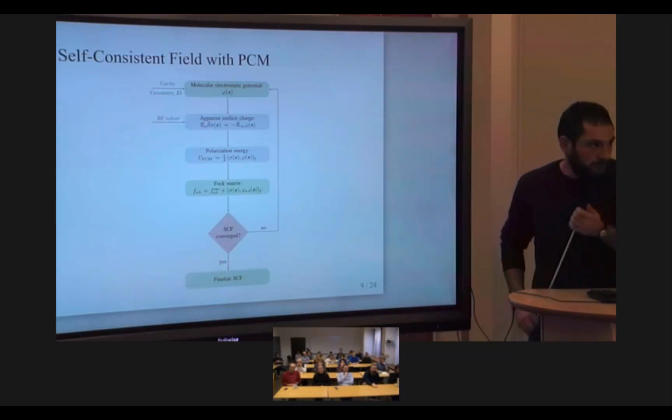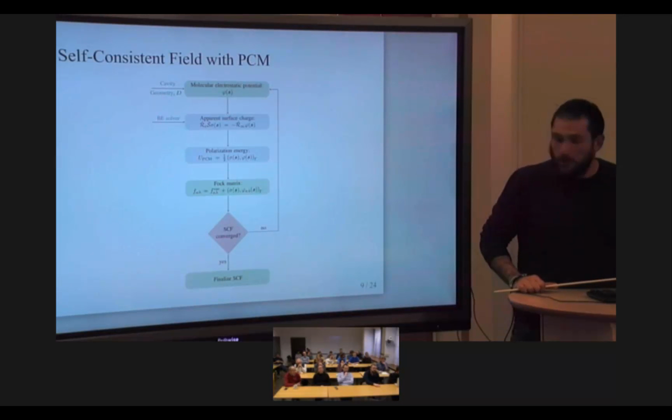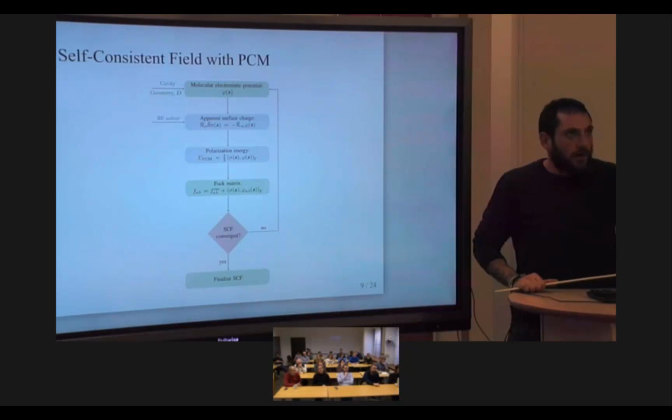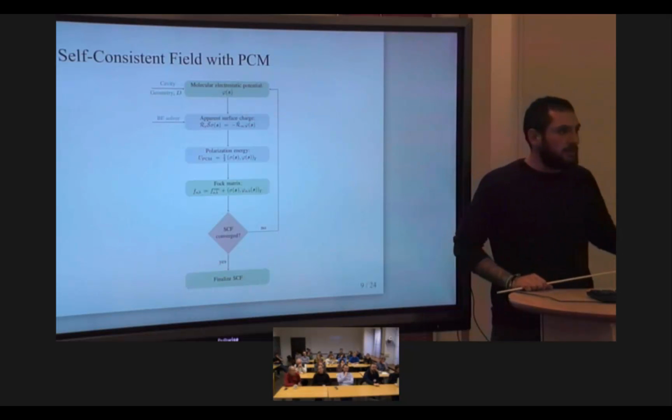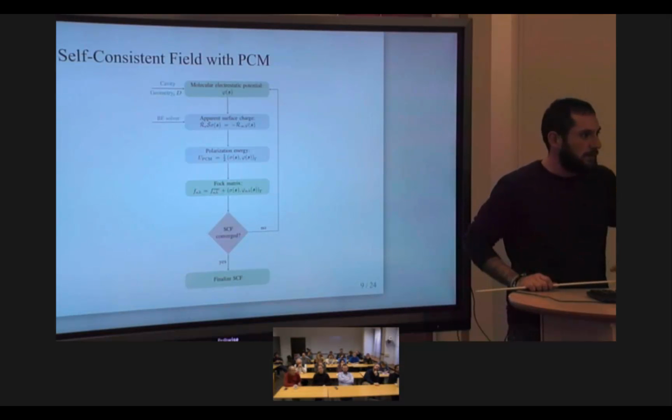Also, I noticed in this flow chart, your final result is a Fock matrix added by the PCM contribution. So the different hosts have different types of matrix. How do you solve this now? No, again, we only communicate vectors, so arrays. So we are not tied to a particular representation for that.